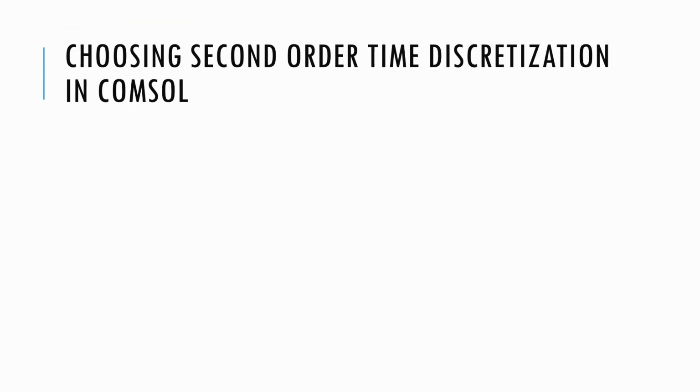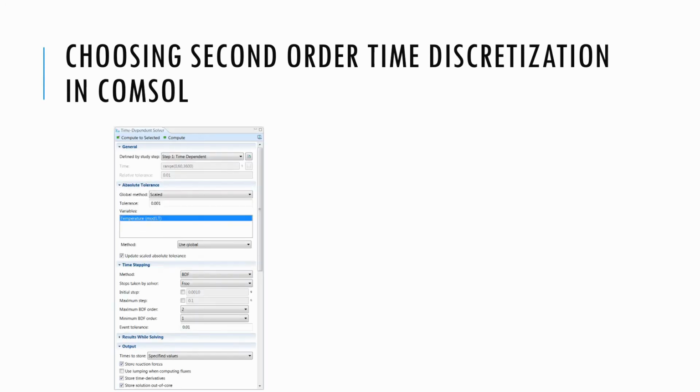In one software, COMSOL, they give you the choice to choose either the first order or the second order accurate formula for the time derivative that we just talked about. So here you see we have this term called BDF, which is backward difference method.